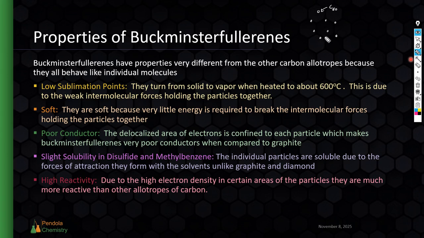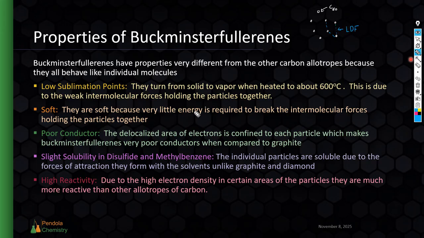Because we have these individual little soccer balls, Buckminsterfullerenes end up behaving like individual little particles. Even though each individual particle is held together by covalent bonding, they are really weakly connected, because since they're completely made out of carbon, the only thing holding one little soccer ball to another are very weak London dispersion forces.